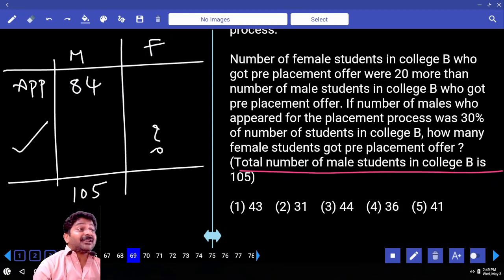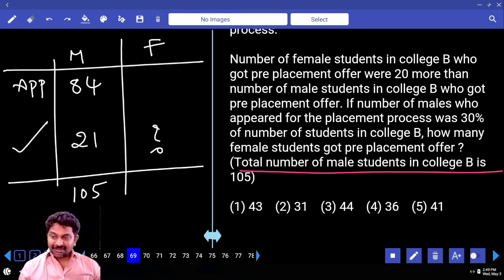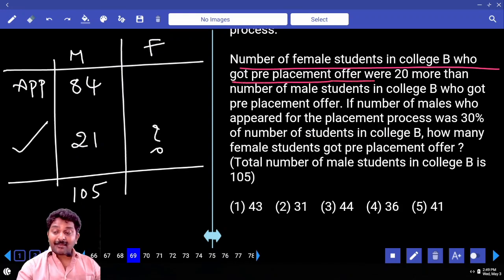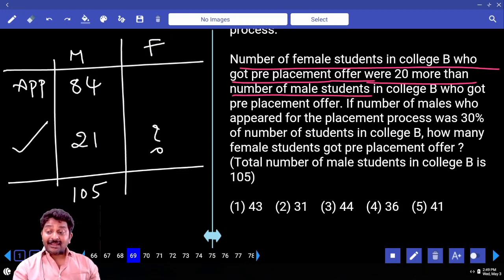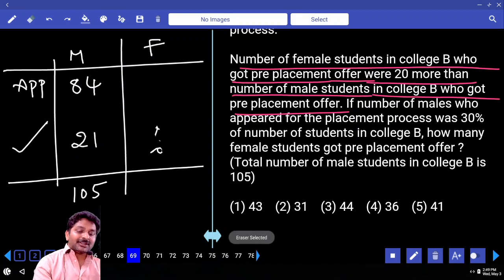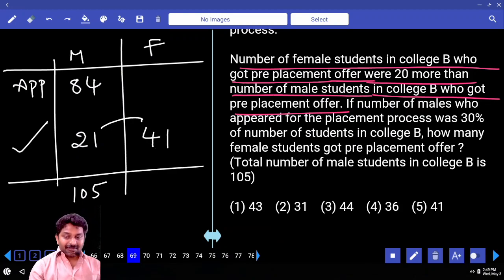Who are those 21? Those who got a job only. Yes. Now the question: number of female students in college B who got pre-placement offer were 20 more than number of male in college B who got pre-placement offer. Male who got jobs are 21 and female will be 20 more than this number, which is 41, and the question is about the 41 female who got a job. Followed?